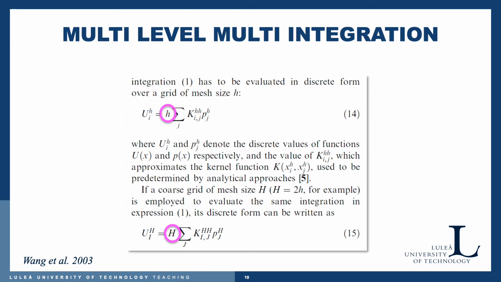And here you see that they have represented the deformation at one grid with the lower letter h as step size, meaning that's a finer grid than the capital letter H step size. And they also defined in equation 15 down here the deformation at that grid level.